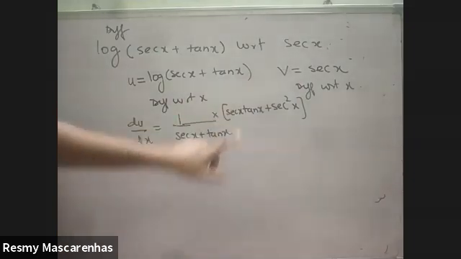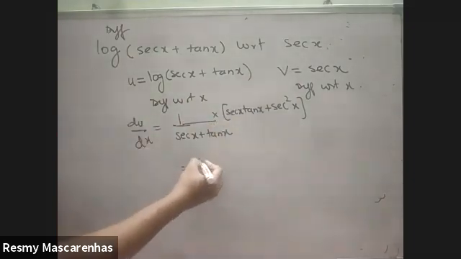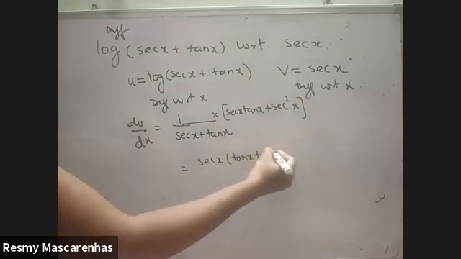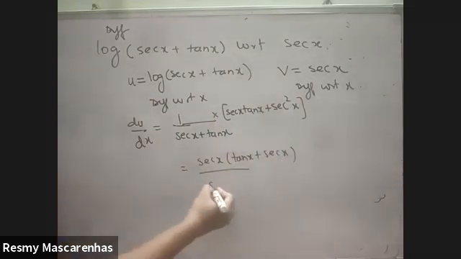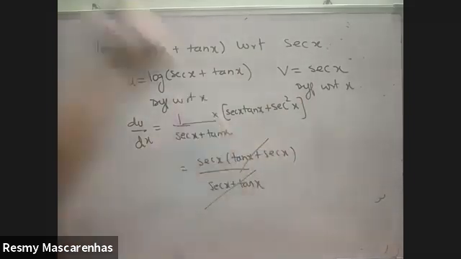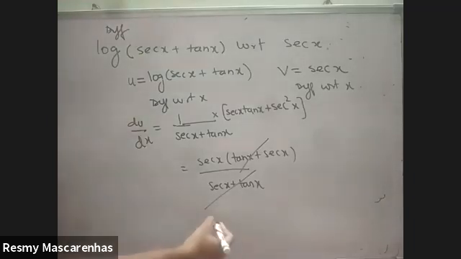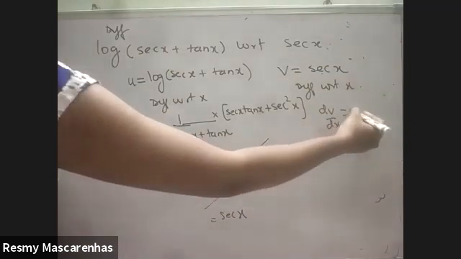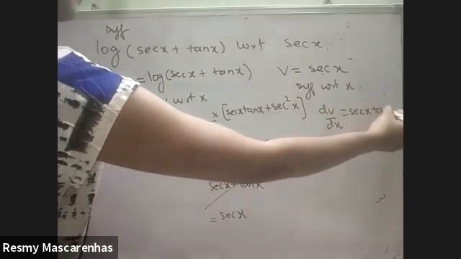You can take out sec x common. The whole thing cancels, so our answer is sec x. And the derivative of sec x is sec x tan x.